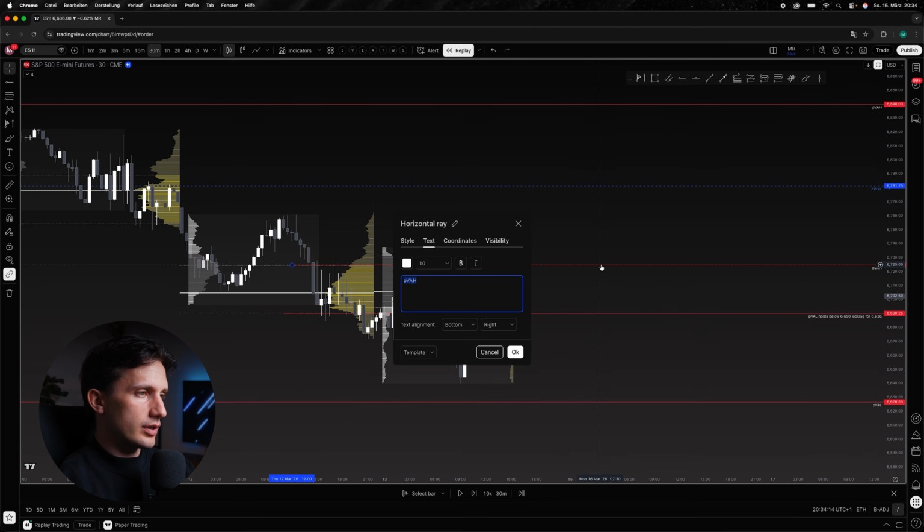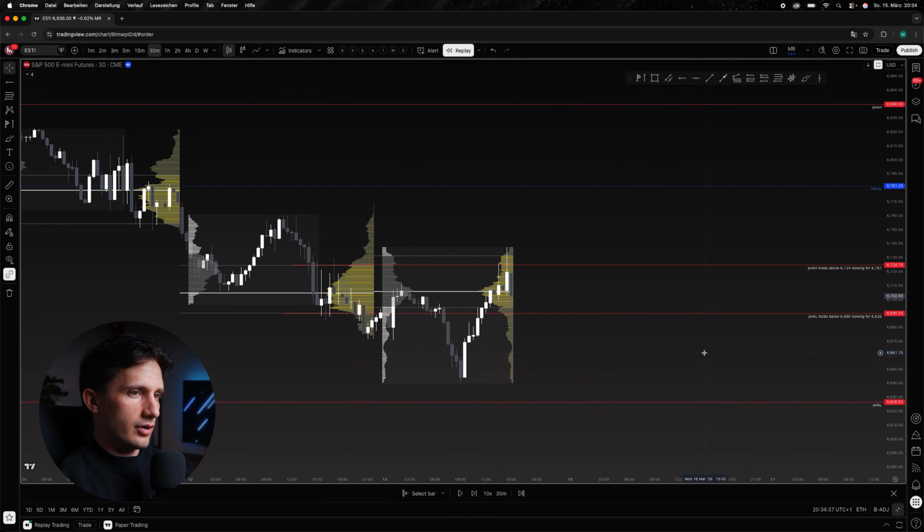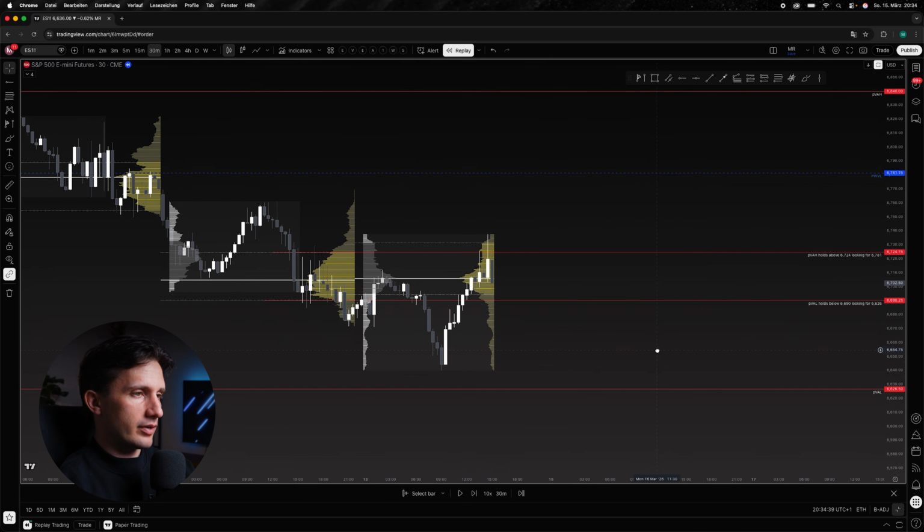We can do this as well on the previous value area high. So let's say it holds above 6.724, we are looking for 6.781, right? So now you get the point of what I am doing right here.